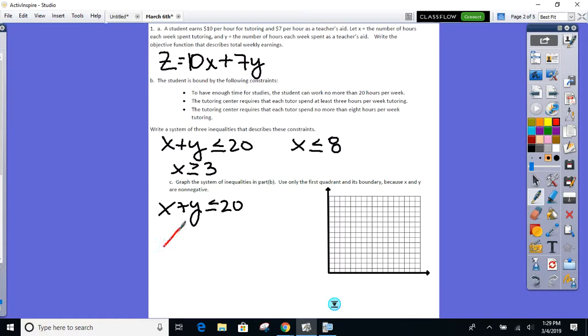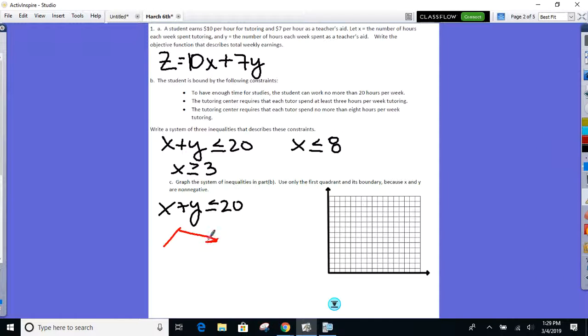X plus y less than or equal to 20. That's an easy one when they're both x and y. 0, 20 is one intercept, the other one 20, 0. So I at least need to have 20 on there. But I don't think your graph goes up to 20. So suggestion? 2s.